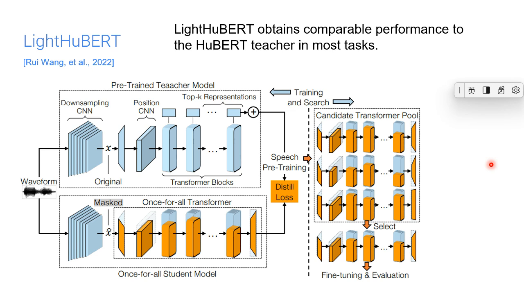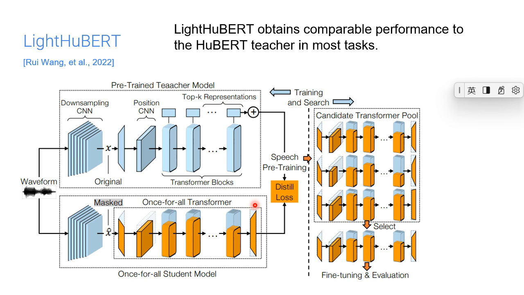There's another model called LightHuBERT. LightHuBERT uses knowledge distillation as DistilHuBERT does. It used knowledge distillation to train a student model, and it used an approach called once-for-all training to make the model even smaller. You can consider once-for-all training as a special way to do network pruning.